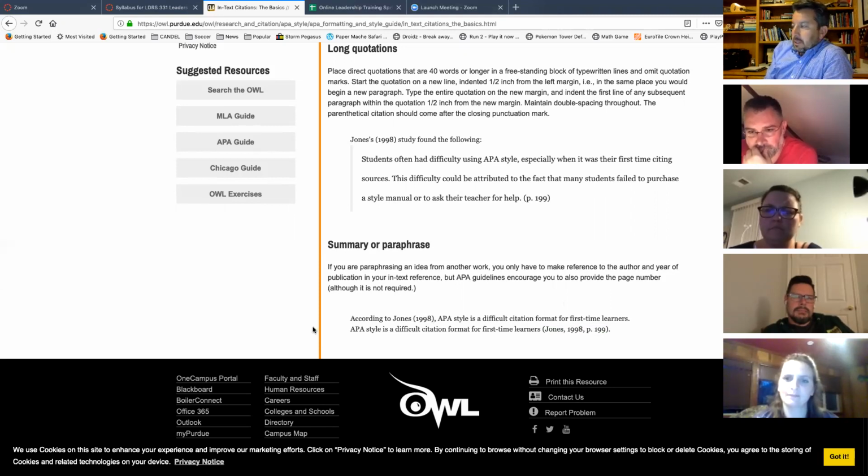I have never personally done this date right here, this according to Jones and then the date. If I do it at the end, to me it's a little redundant. So would you say that's two separate ways to do it, either both in the beginning or both in the end, but probably not both?